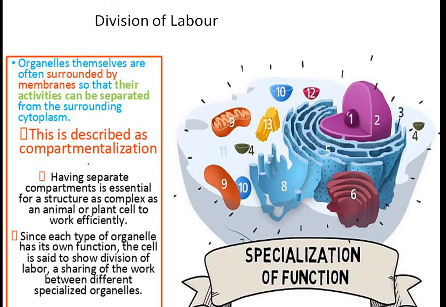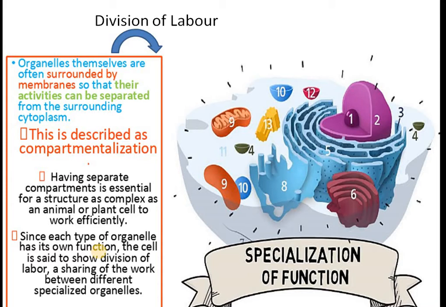Now we will see what division of labor means. Division of labor means that in the cell, the organelles have acquired specified functions and they have divided the work in a way that overall the activities of the cell are together done by all these organelles. This is also described as compartmentalization.